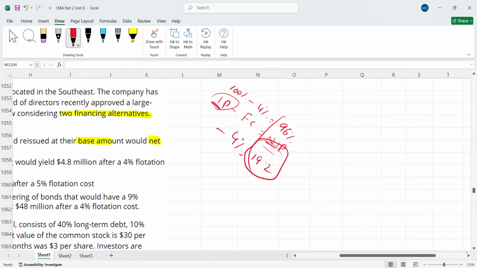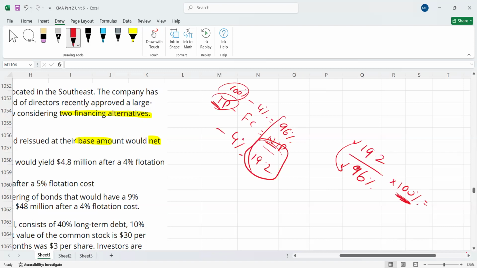The amount which is given, I divide by its own percentage and multiply by the percentage which I want to find. So this 19.2 equals 96% and I want to find 100%. It means my gross value would be how much?